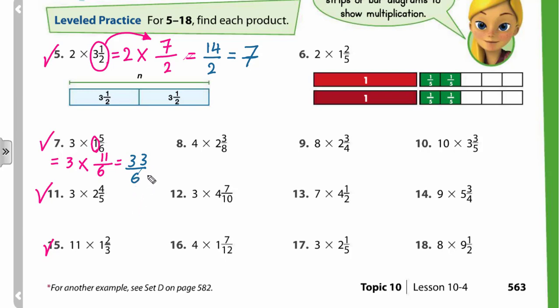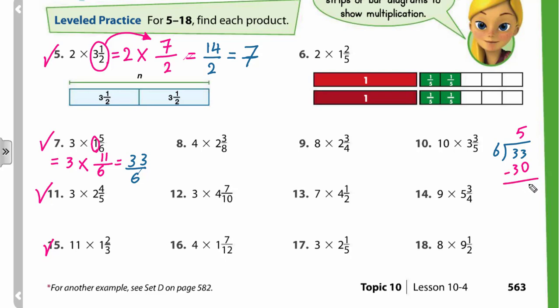We need to convert this to a mixed number. You cannot ask during this, when I finish. 33 divided by 6: 5 times 6 equals 30.